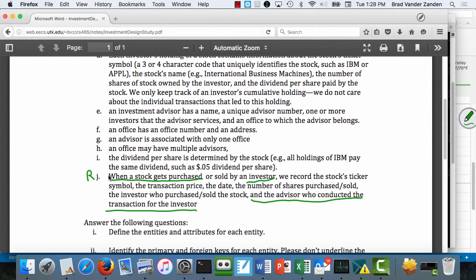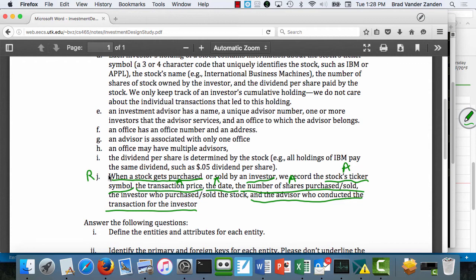And remember that a relationship can have attributes. So it sounds like the attributes for this are the stock's ticker symbol, the transaction price, the date, and the number of shares purchased or sold. So those sound like attributes of a relationship.